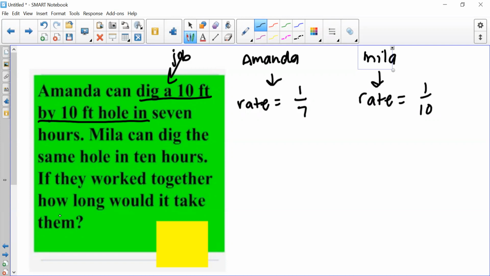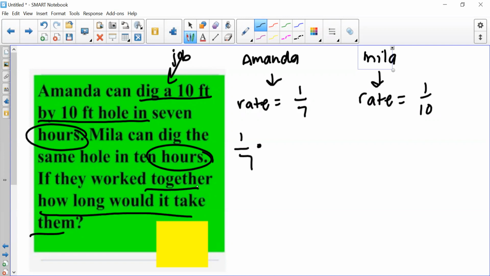So remember, when we're setting this up, we'll take the rate of the first person, which we know, and we times it by however many hours, we're working in hours right now, it would take if they work together. Well, that's what we're looking for. How long would it take them together? That's X. That's what we don't know in this problem.